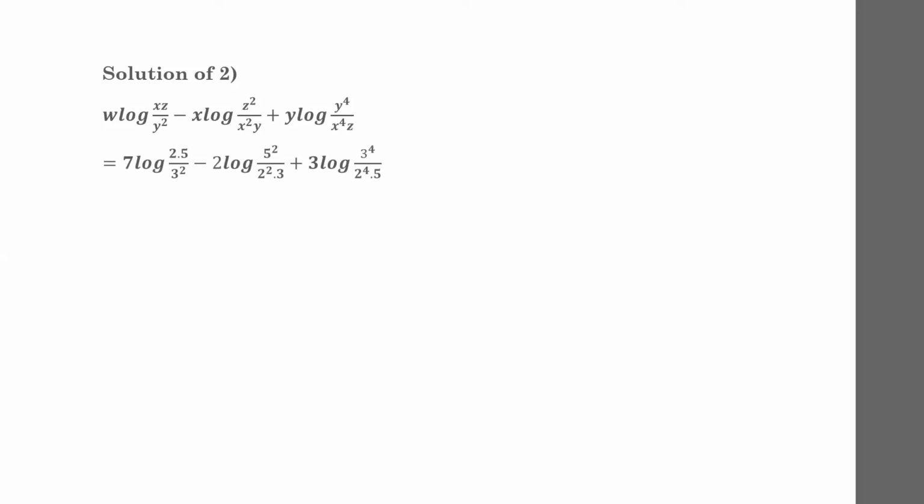So the given line has become 7 log 2 into 5 divided by 3 square minus 2 log 5 square divided by 2 square into 3 plus 3 log 3 to the power 4 divided by 2 to the power 4 into 5. Now as we have some coefficients of logarithm, they can be written as the power.